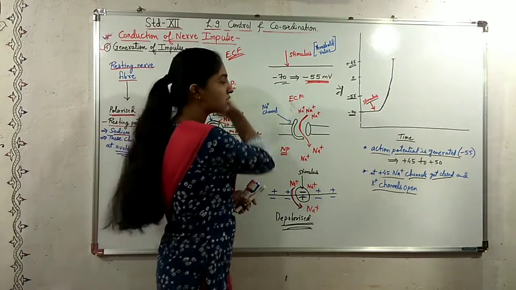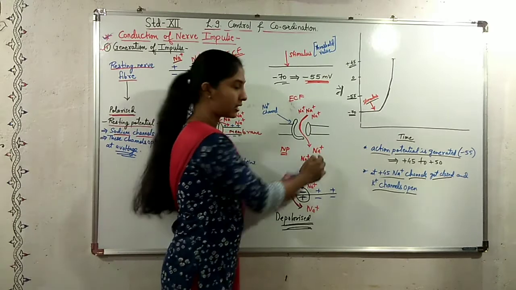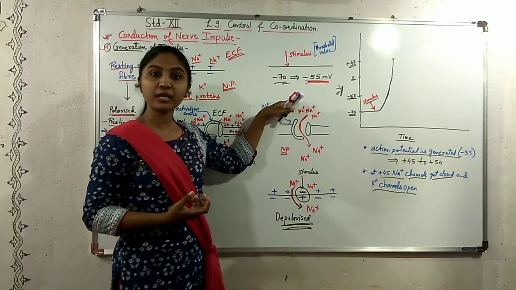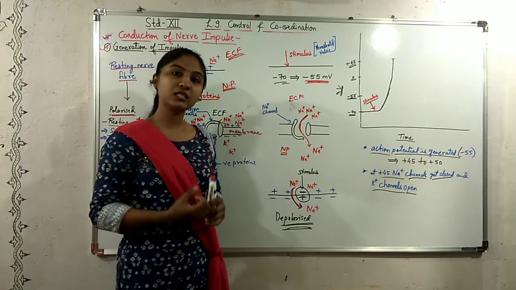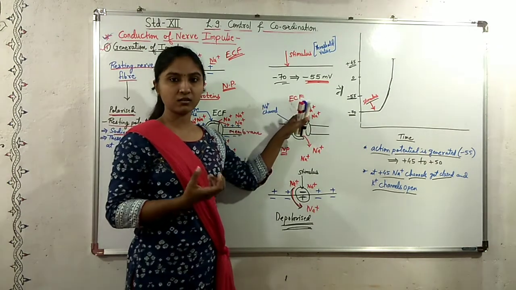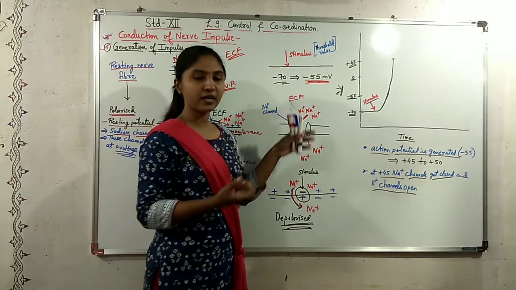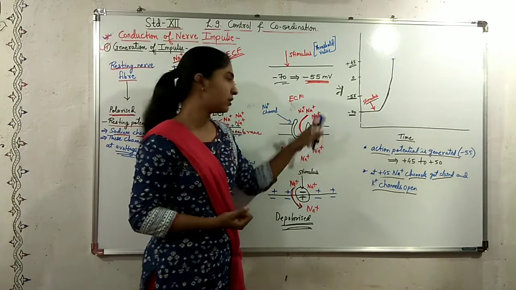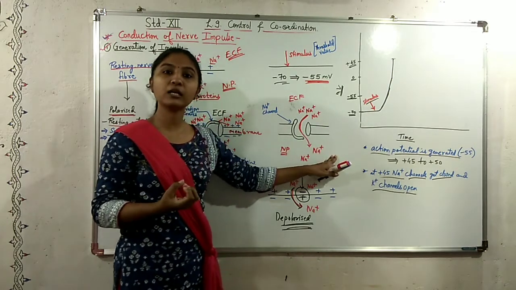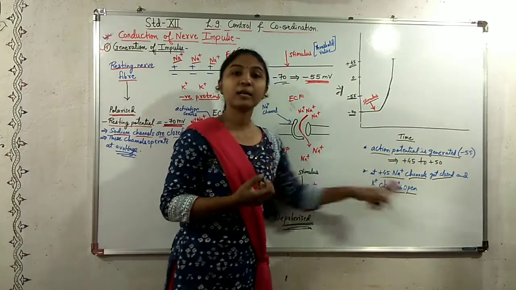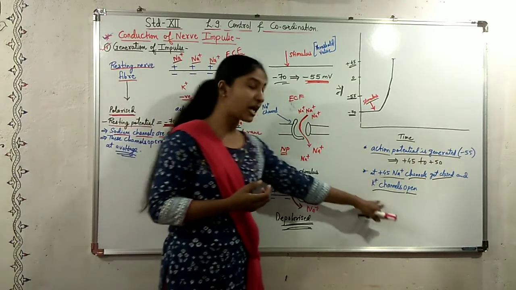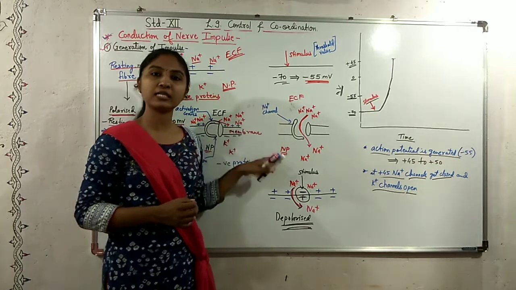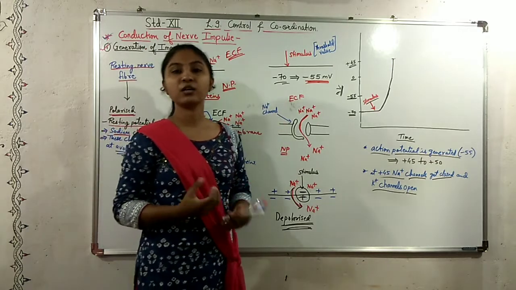Now here, as the sodium ions move inside, the inner side will be electropositive and the outer side will be electronegative. To balance this charge gradient, the potassium channel gates open, and they pump the potassium ions outside to balance the charges, to balance the gradient.